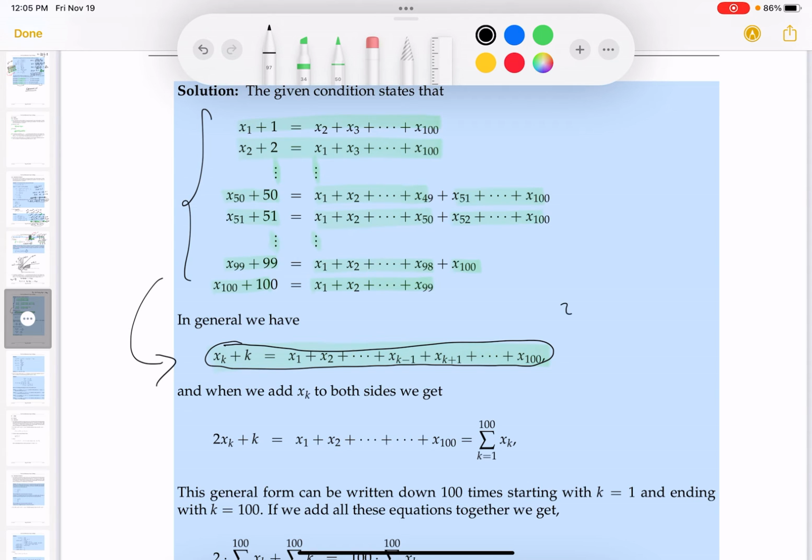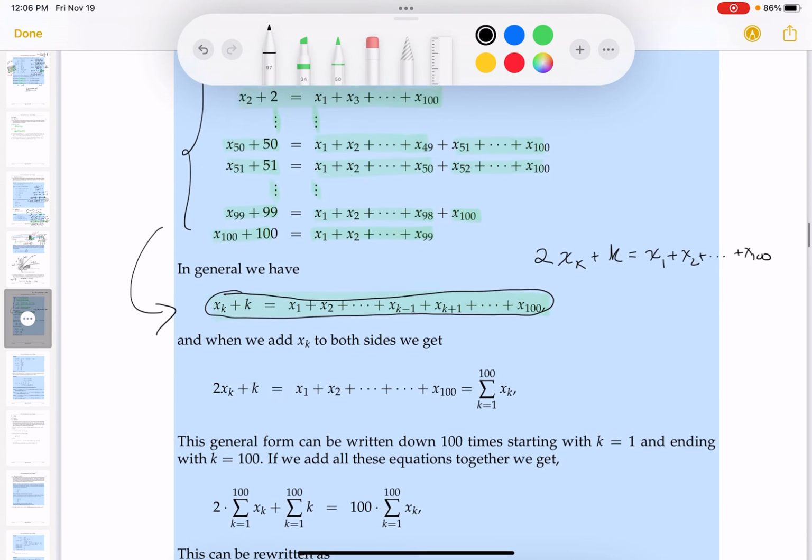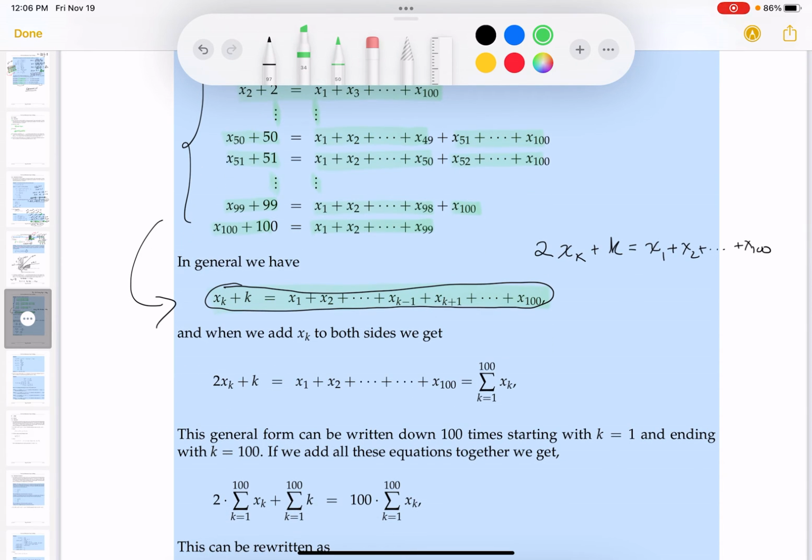And if you add xk to both sides, you would get 2xk plus k would equal the sum x1. And now xk is not missing from this side, so it's going to be x2 plus everything up to x100. That's the sum. Now that's what I wrote over here.